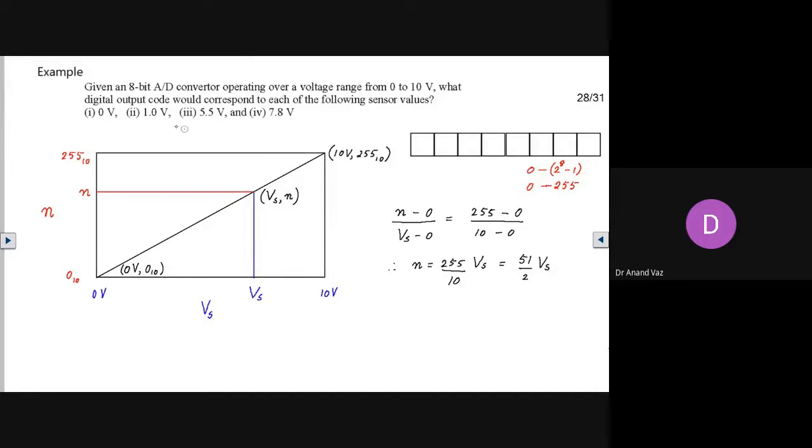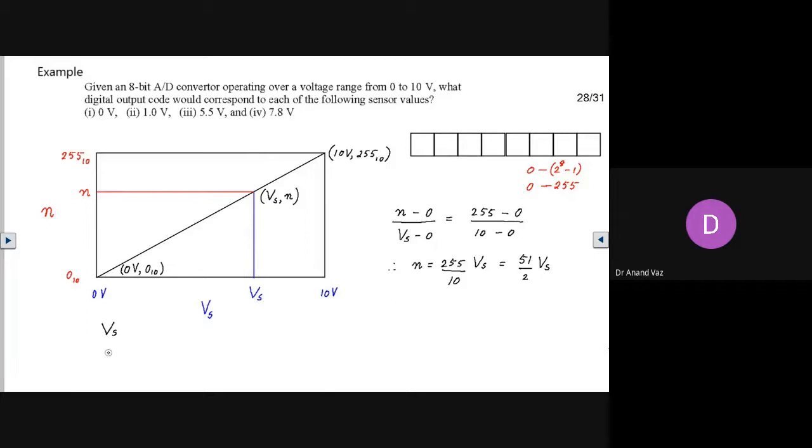Now let us apply this. Corresponding to the Vs values, first of all, we have 0 volts.